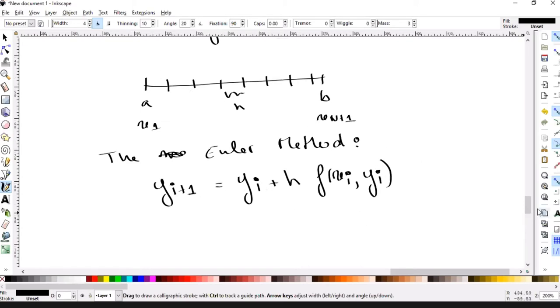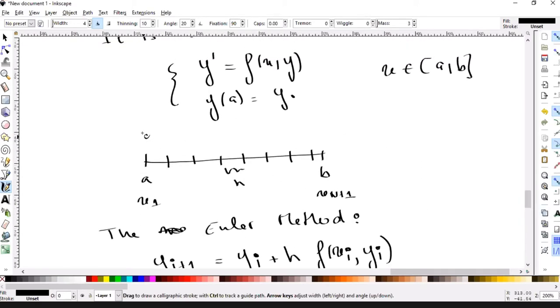So if you have the first point here, let's call it y1, which is y of x1. First point. So we have the first point here. Now we construct the next point.